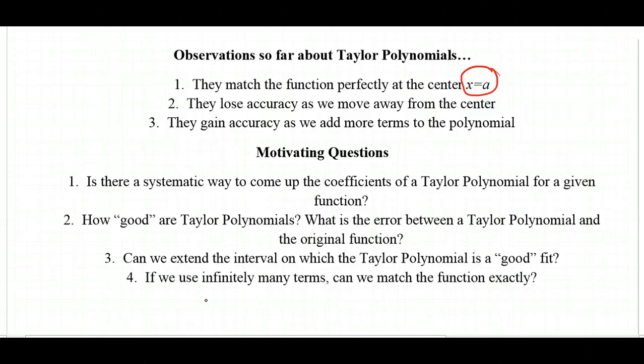And to add to that, what does that even mean? Because polynomials are finite. They have a finite degree. Is it even going to make sense to talk about using infinitely many terms to potentially match the function we were trying to approximate exactly? These are going to be our goals for this section: we're going to try to answer these motivating questions regarding Taylor polynomials.